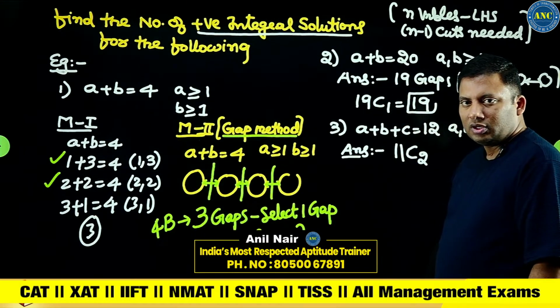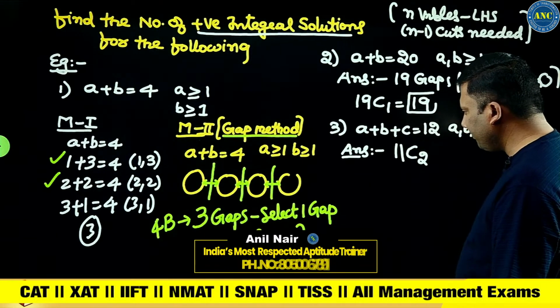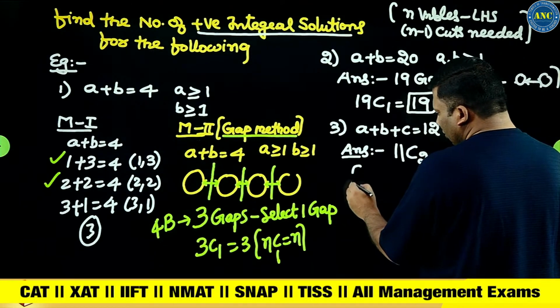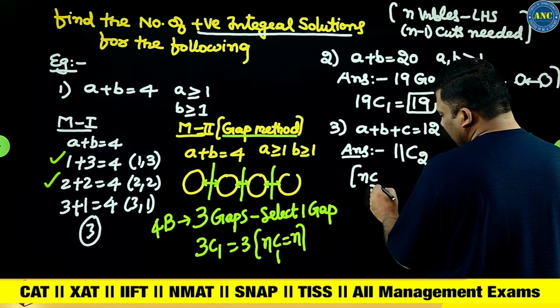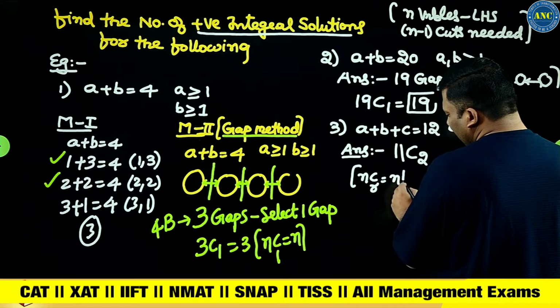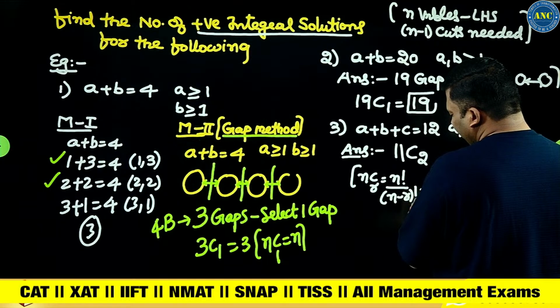11C2. Now see here. nCr is given by n factorial divided by (n minus r) factorial times r factorial.